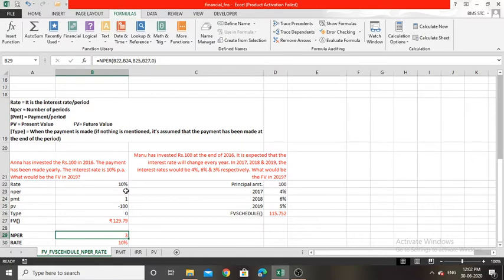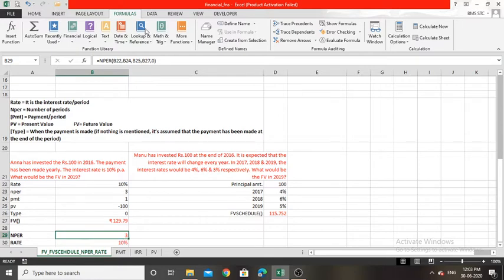The question will be like this: Anna has invested rupees 100 in 2016 and the payment has been made yearly. The interest rate is 10% and by 2019 the amount was 129.79. What will be the number of periods that she took for that?